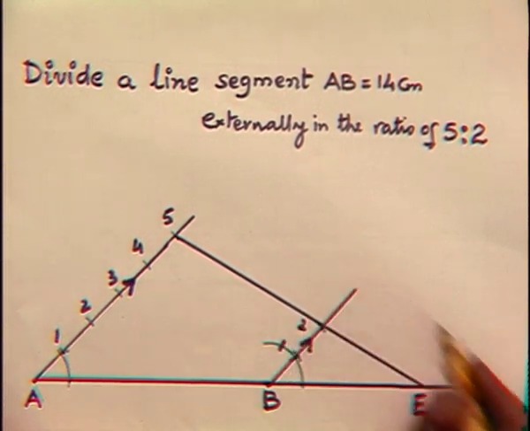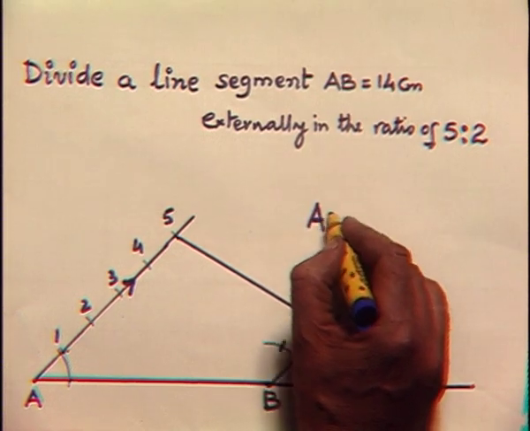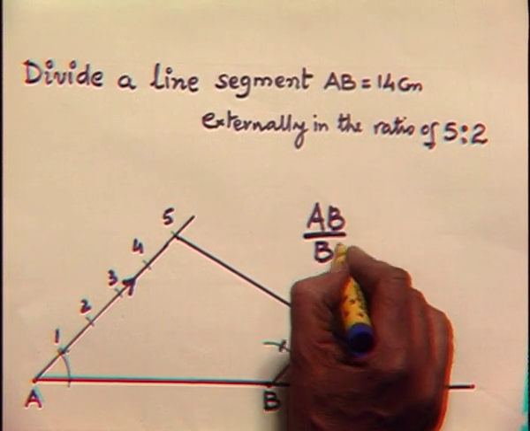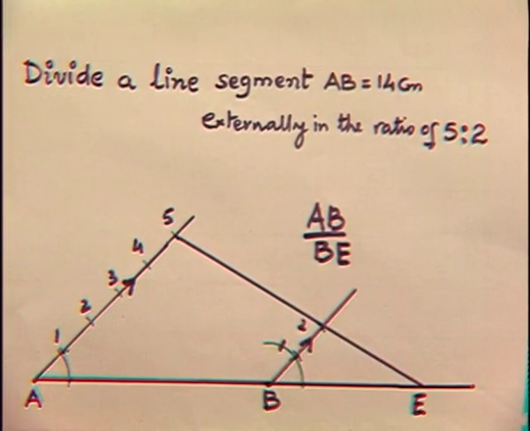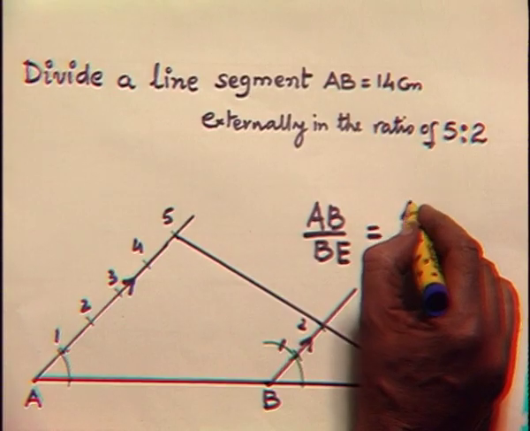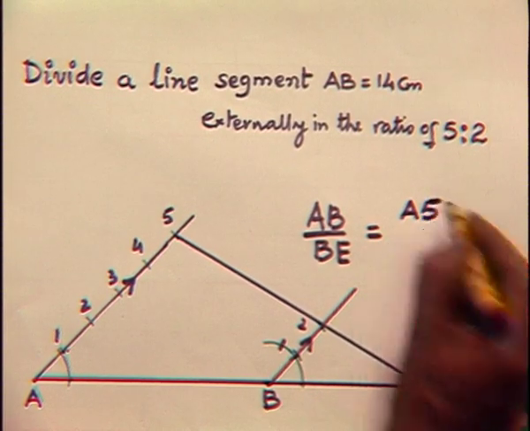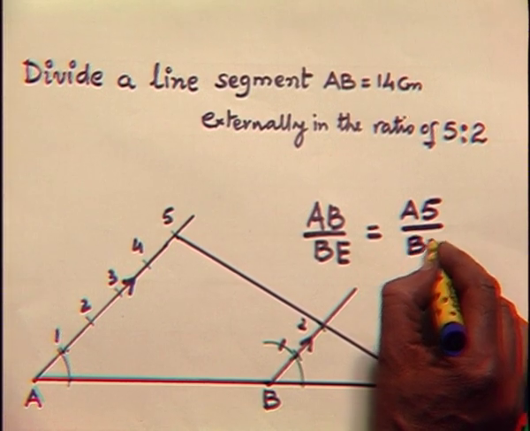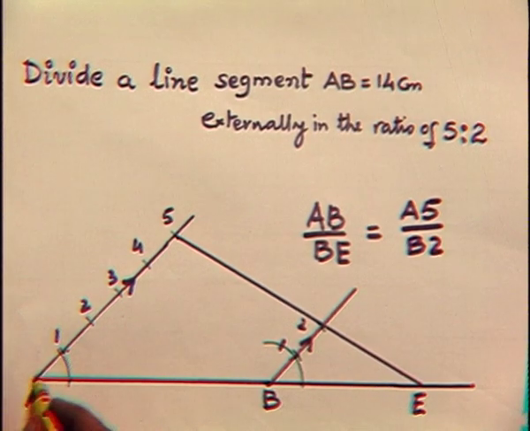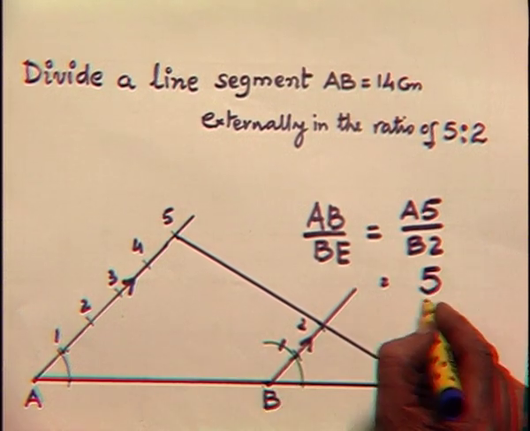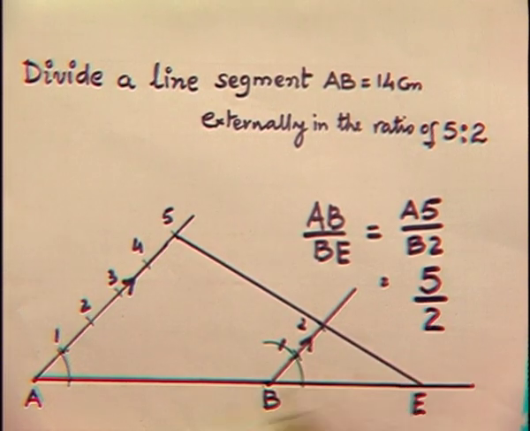So, by basic proportionality theorem, AB upon BE has to be equal to A5 upon B2. Now, since A5 is 5 parts and B2 is 2 parts, the ratio becomes 5:2.